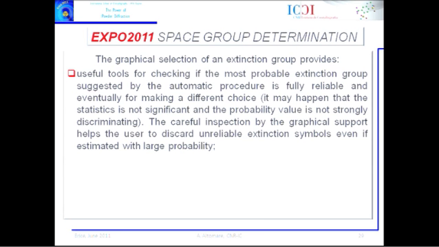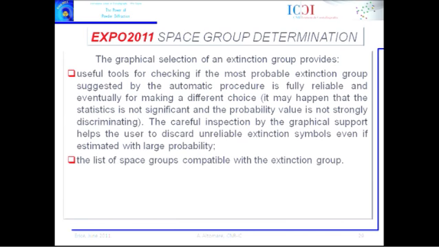Because it may be that the largest probability extinction group is not discriminated from the other one, or the statistics is not significant. So the user can discard the largest probability extinction group, also if estimated with a large probability value.